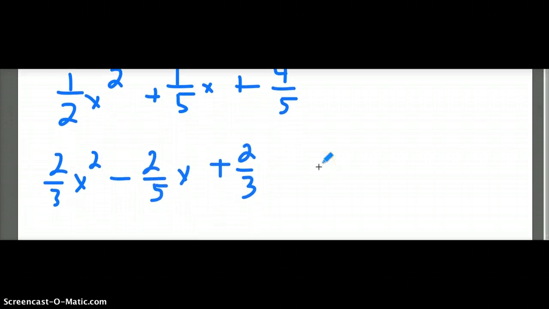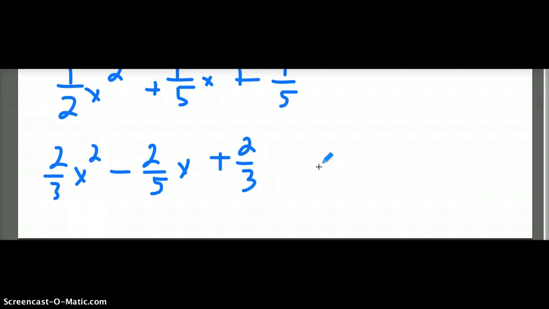Alright, so for the x terms we can just go ahead and add without changing anything. So 1/5 minus 2/5 is going to give us -1/5. So we already know our x term is going to be -1/5.